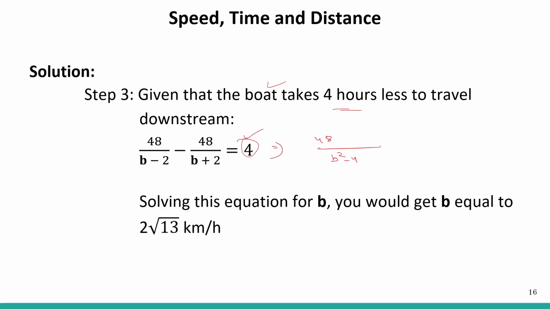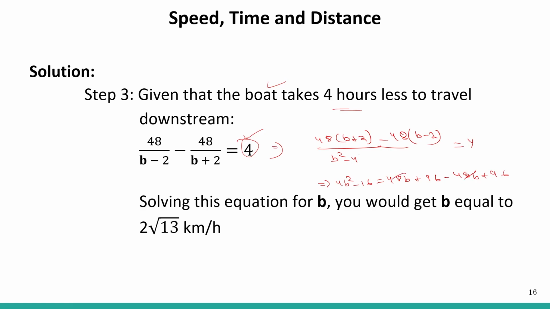So it will be 48 into B plus 2 minus 48 into B minus 2, right? So this will be equal to what? 4. So this implies that 4B square minus 16 is equal to 48B plus 96 minus 48B plus 96.